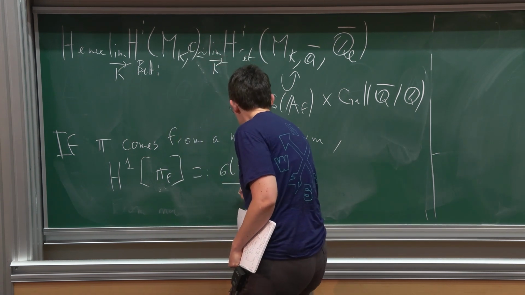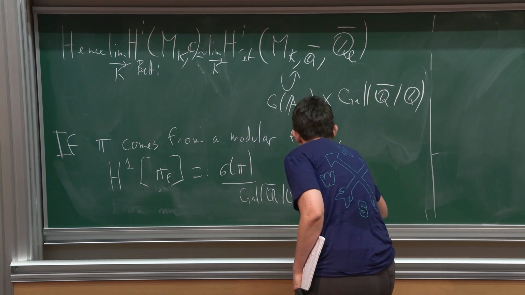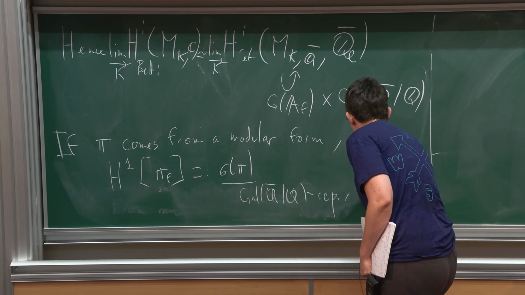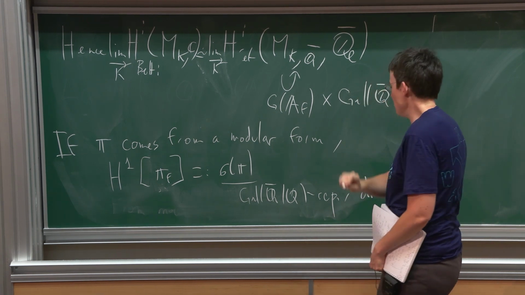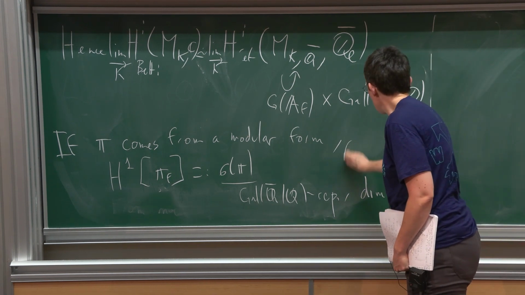This is a representation of the absolute Galois group of Q. It's of dimension 2.